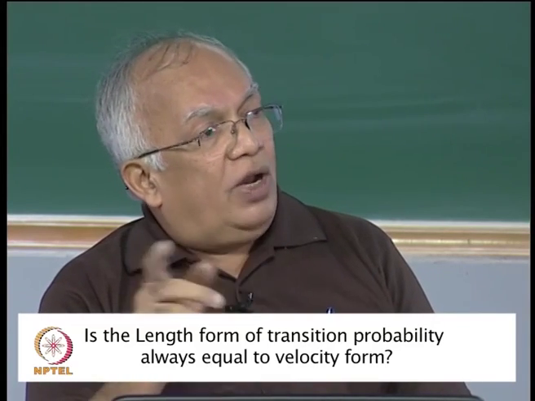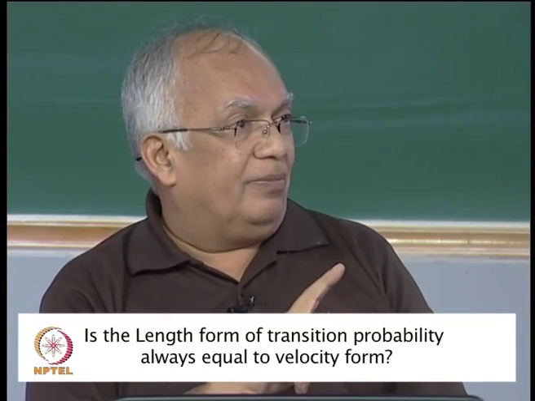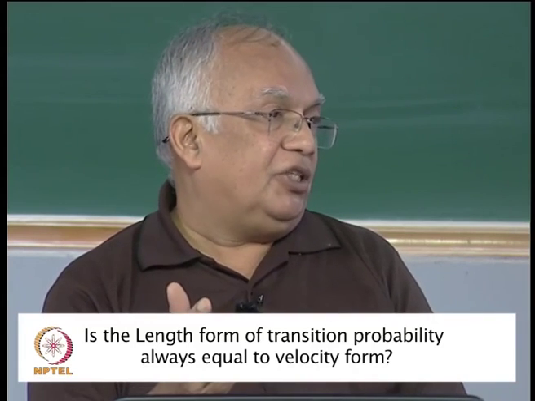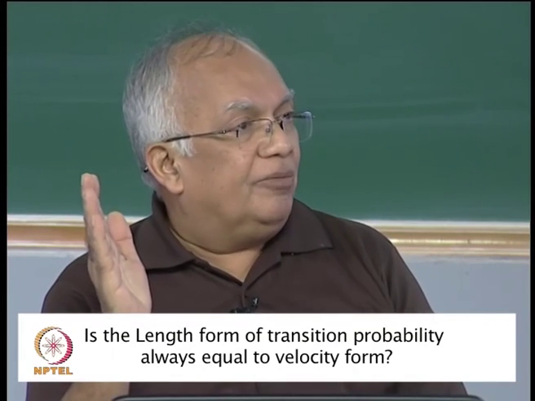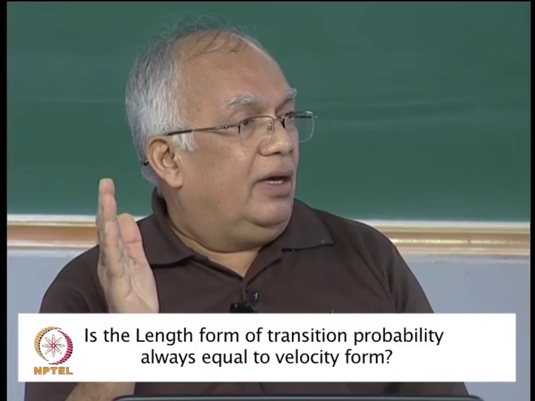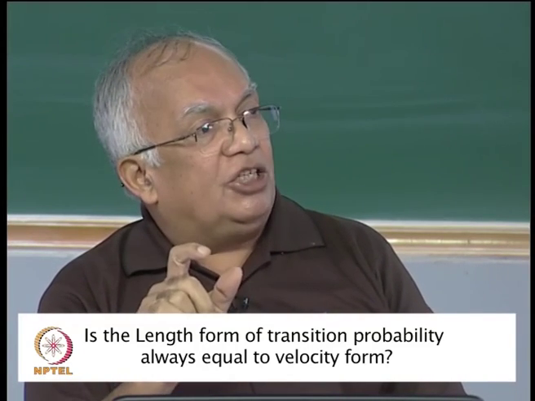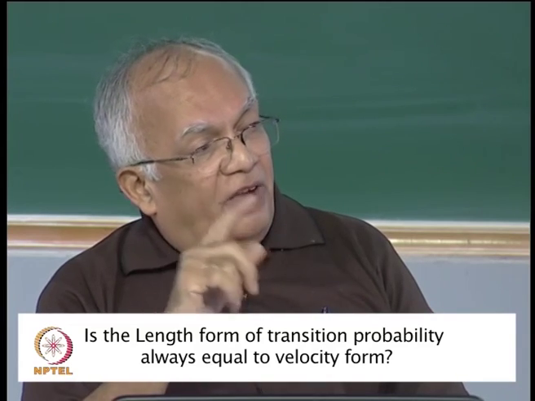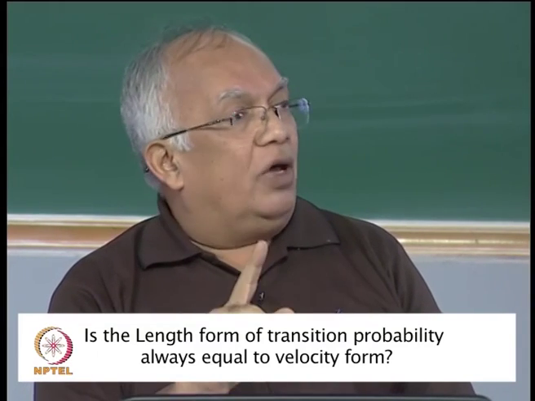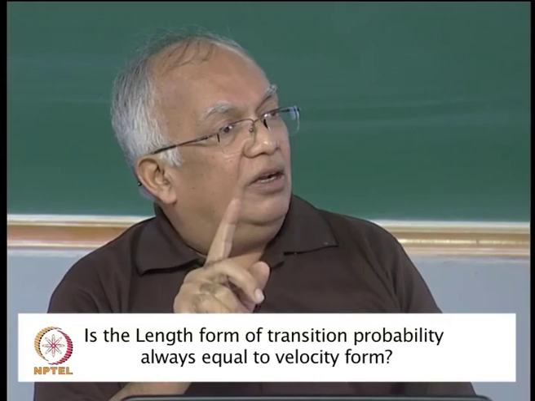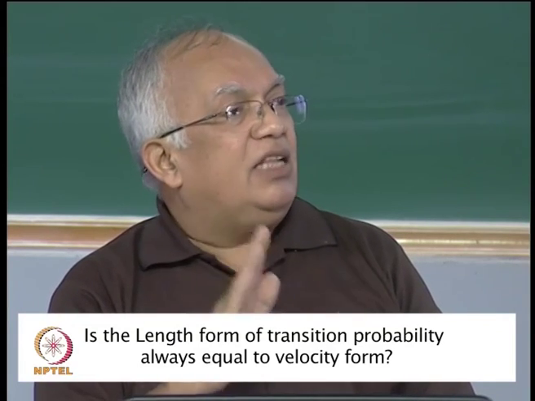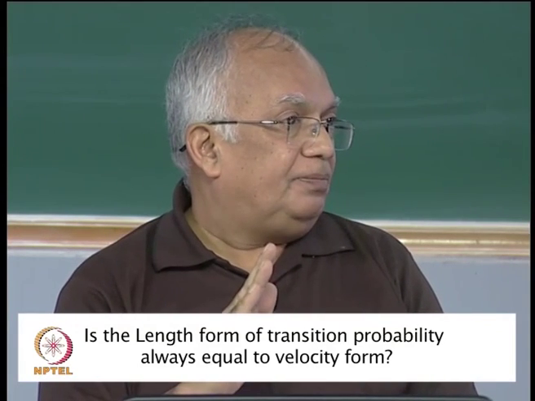However, if you make a local density approximation to the Hartree-Fock exchange potential, like the Slater exchange approximation or any local density potential, then the effective potential will again become local, and that is required for the equivalence between the length form and the velocity form.